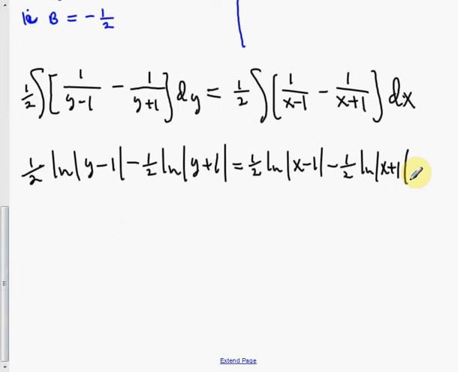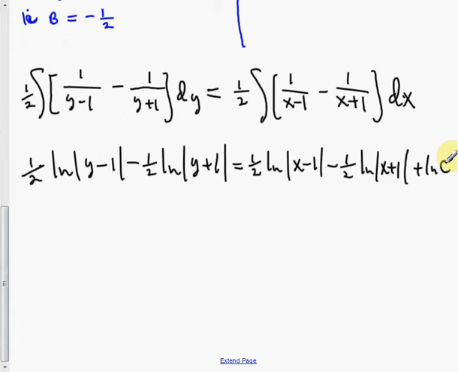And then this is plus some constant, plus the natural log of c. Since we're taking the natural log of everything, take the natural log of that c too. It won't hurt. c is a constant, and the natural log of c is still a constant, so we're fine.